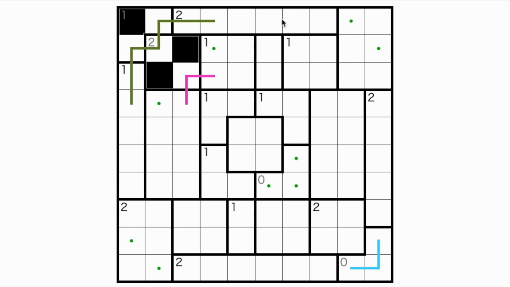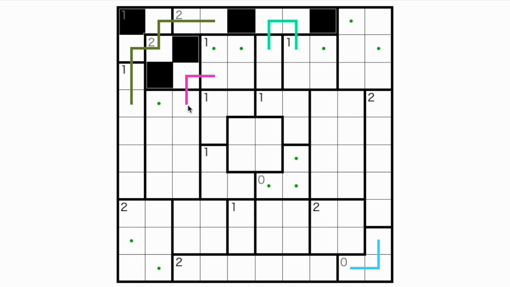And in particular, in this region, we need 2 more shaded cells, so they've got to have little space in between them for the loop to enter and exit. So they've got to be in those two so that we can come in and out of this region and take care of all these cells.